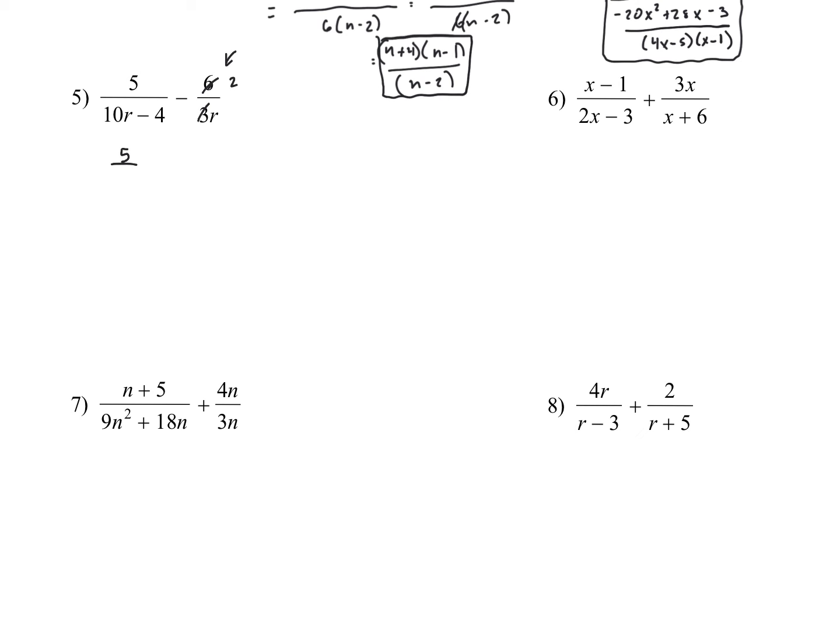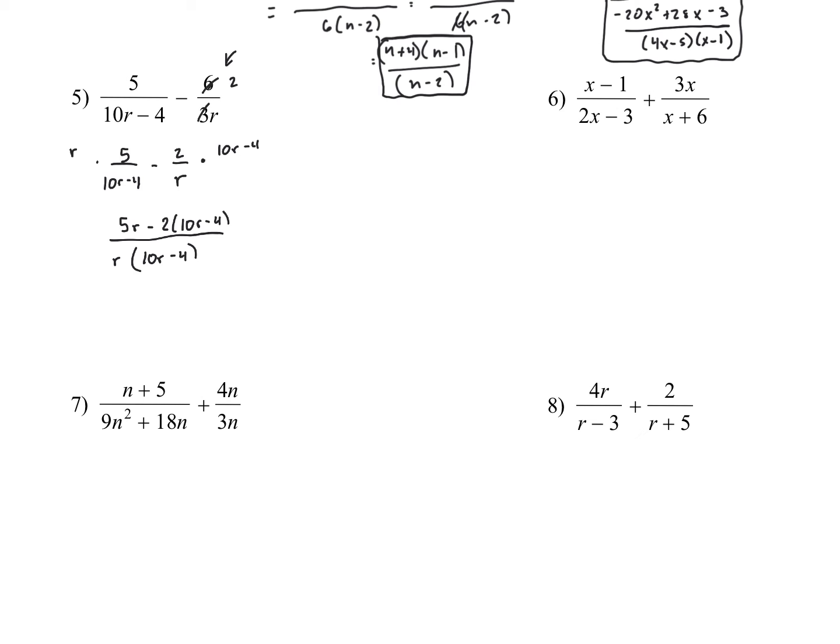So then when I rewrite, I have 5 over 10r minus 4 minus 2 over r. Okay? So now when I multiply to get a common denominator, I'm multiplying this one by r, 10r minus 4, and this one by r. Okay, so remember it goes to both the numerator and the denominator. So now I have 5 times r minus 2 times 10r minus 4 all over 10r minus 4 times r.